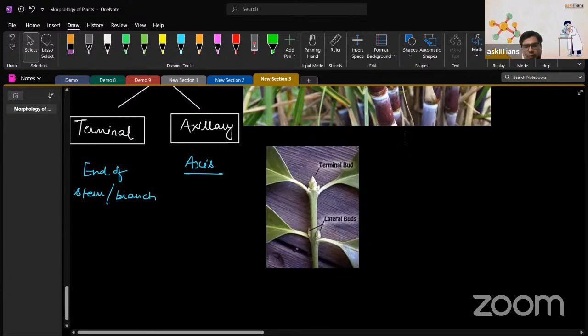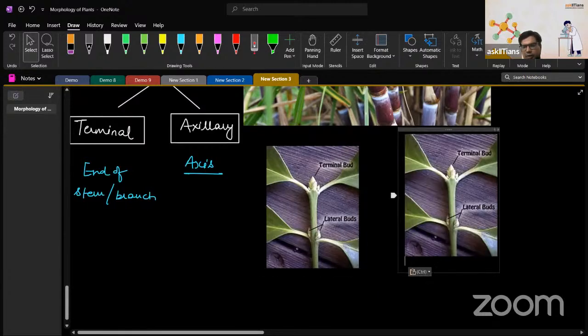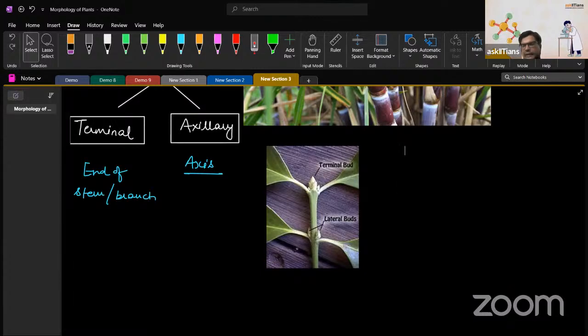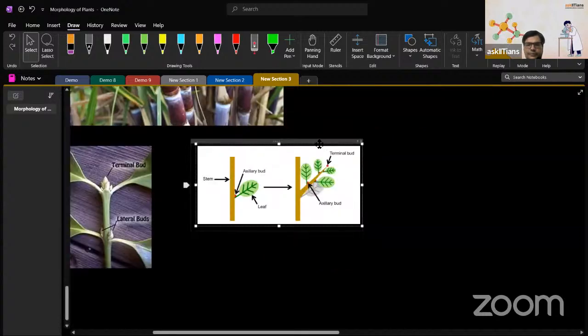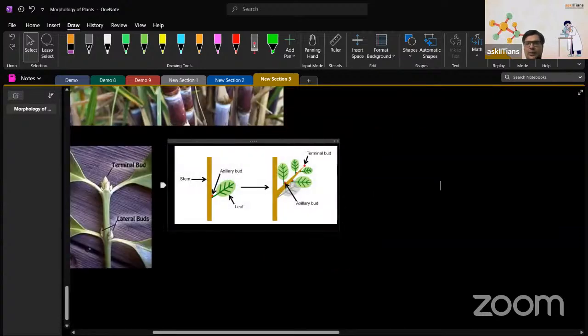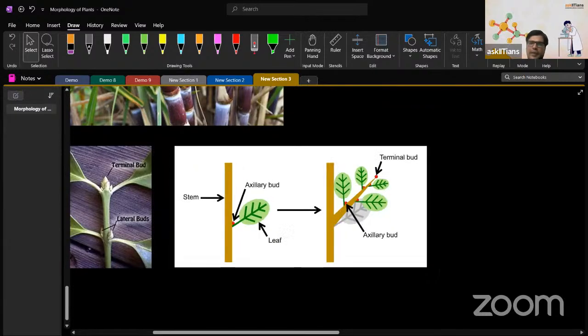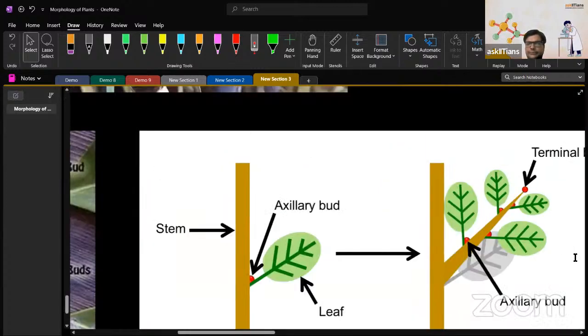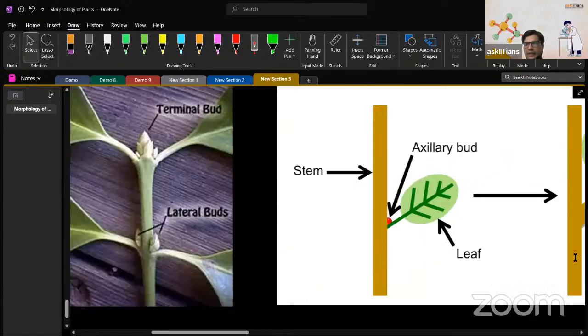Okay, this one, and okay, not this one. I have a picture here. Yes, this will explain. Axillary buds are also known as, sometimes, lateral buds. Okay, as you can see right here, first of all, take a look at this picture.